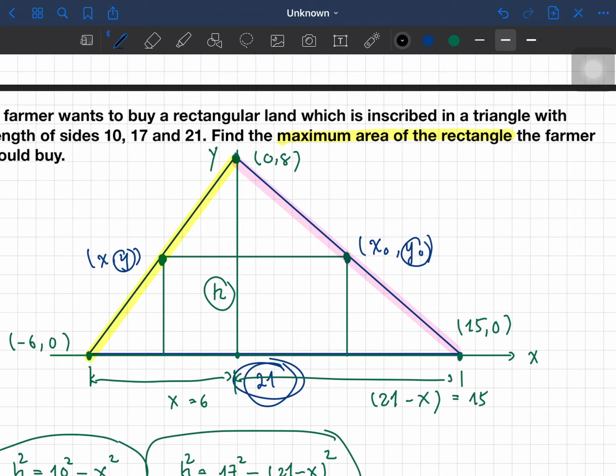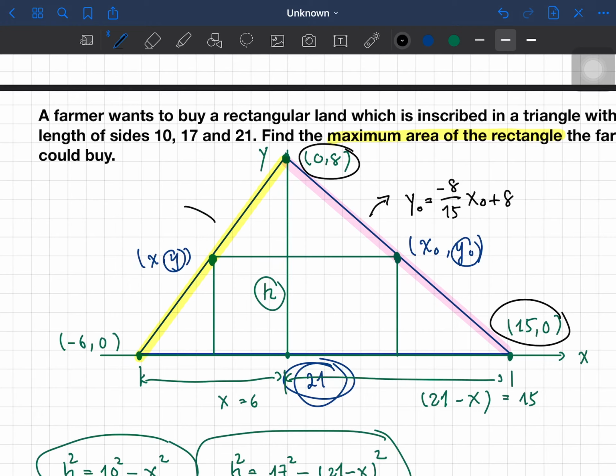So these 3 essential points, they are just either the x-intercept or the y-intercept. So that means we can actually use these points to get the equation of the straight line. For example, this one, by using this point and this point, it gives you y naught equals -8 over 15 x naught plus 8.